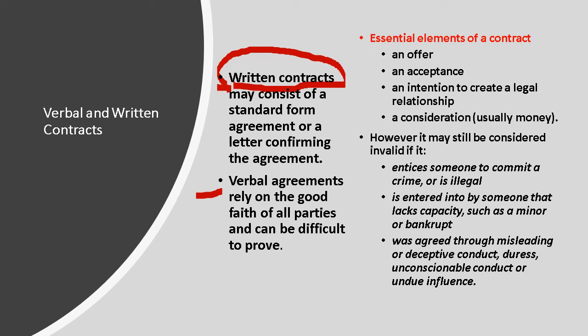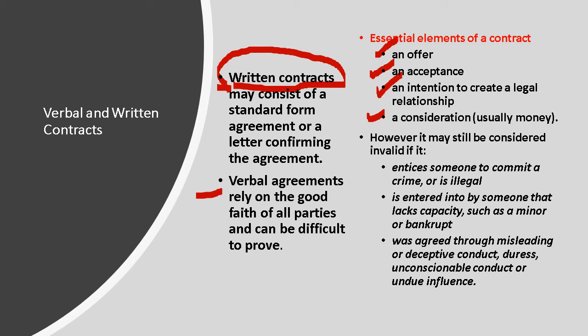Regardless of whether the contract is verbal or written, it must contain four essential elements to be legally binding. These are an offer, an acceptance, an intention to create a legal relationship, and a consideration. An offer is, for example, you are offering a vehicle to a certain buyer.